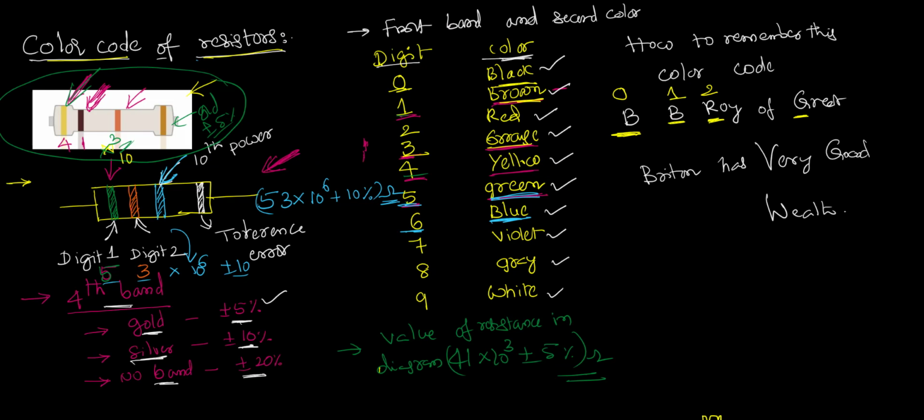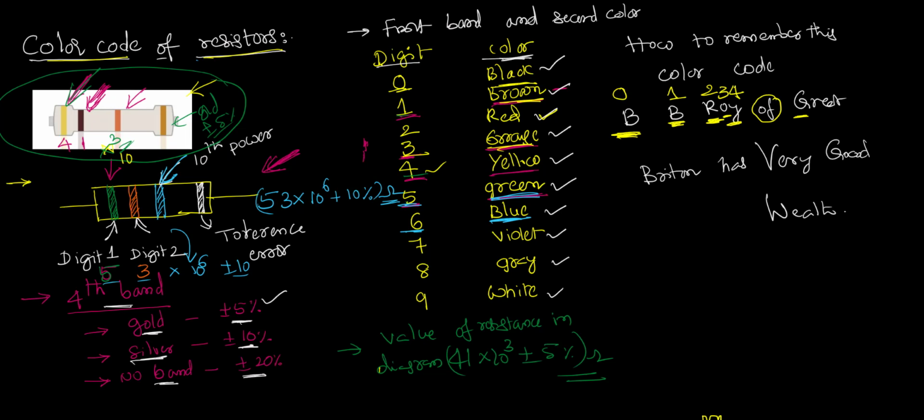In the BB Roy, first B for black, second B for brown, that is 1. Then R represents red, that is 2. And this O represents orange, that is 3. Y represents yellow, that is 4.